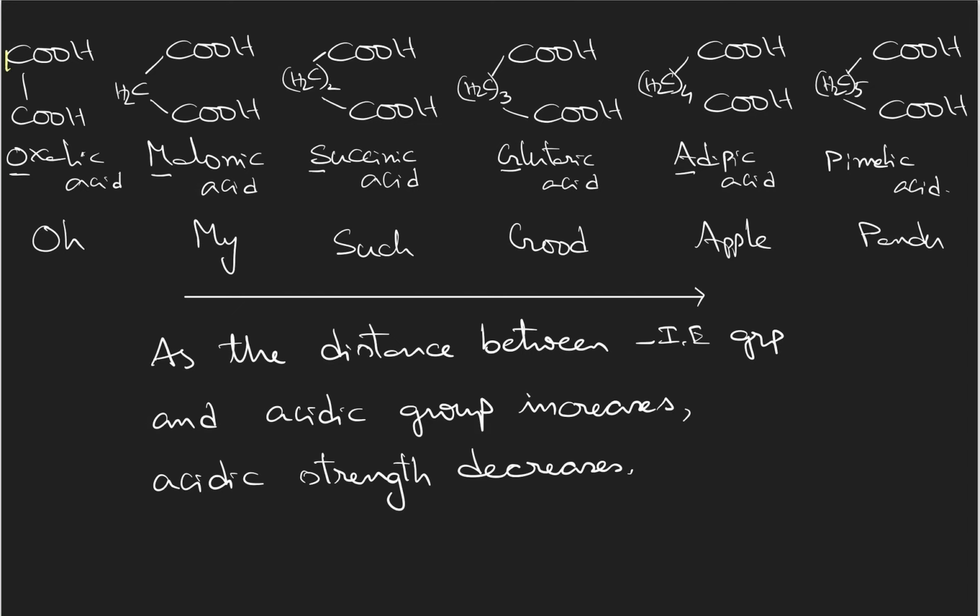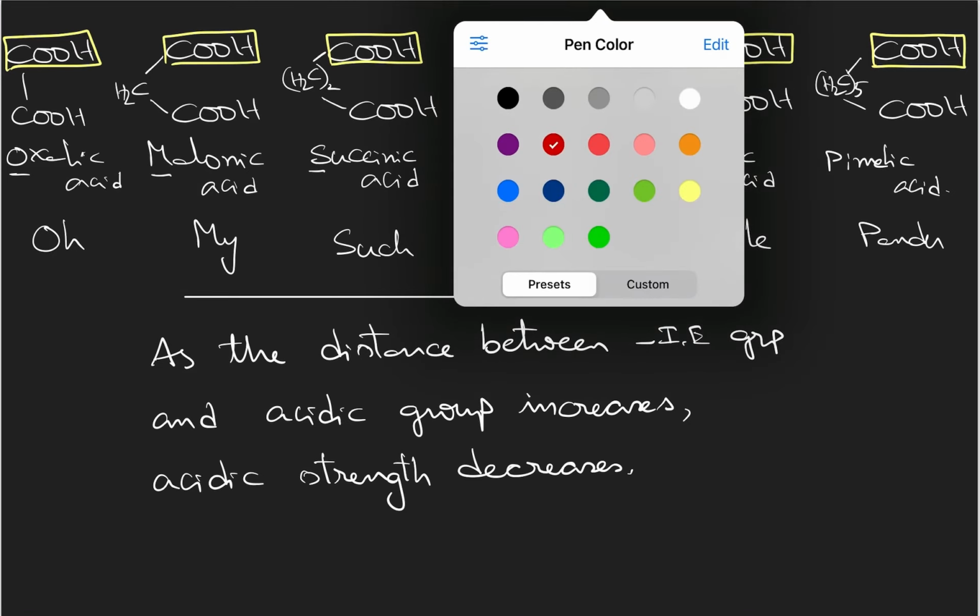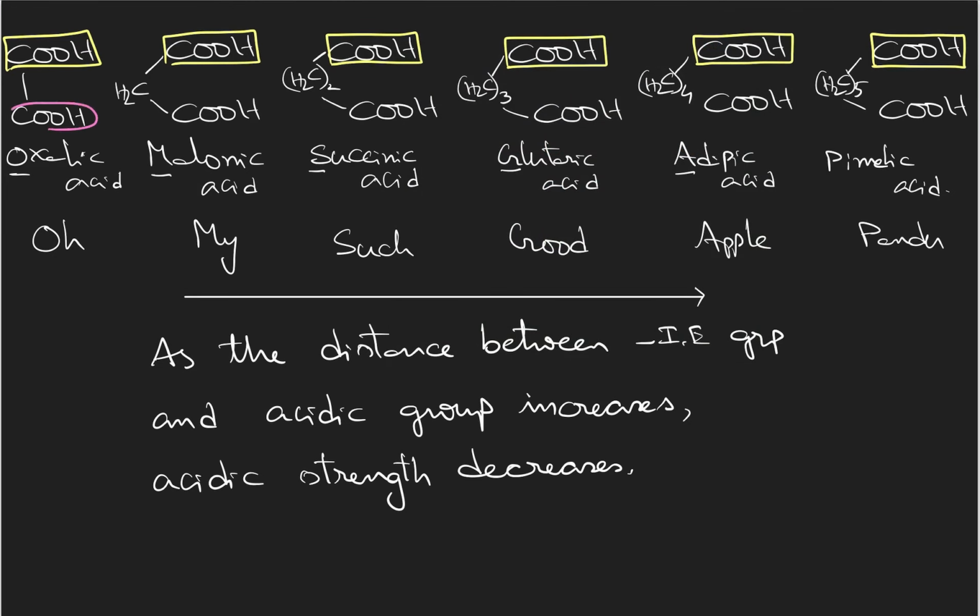Then a series of dicarboxylic acids. Here if you observe, I take the upper group as the acidic group in all of them. Any one we can take, just for explanation I am taking the upper group as the acidic group. Then the lower group is the negative inductive group, the minus I group.